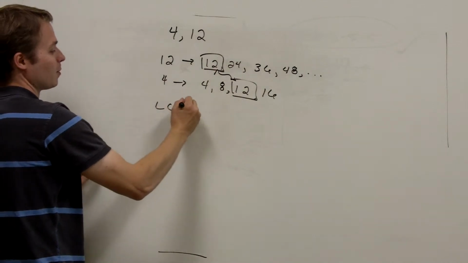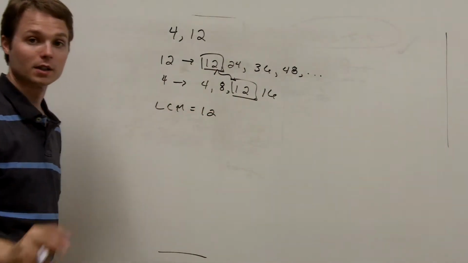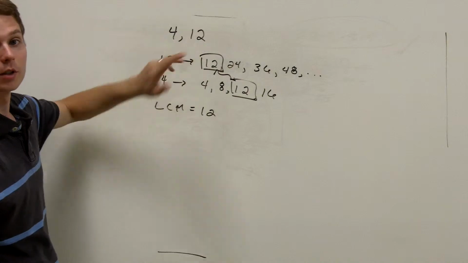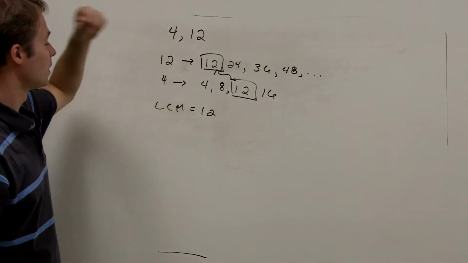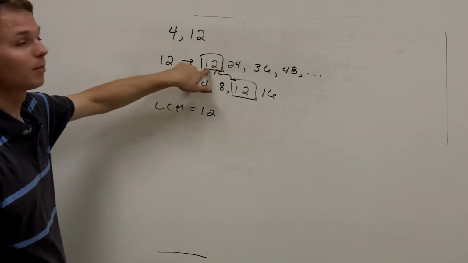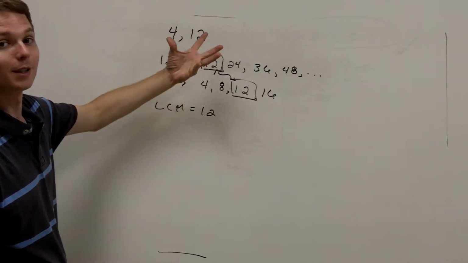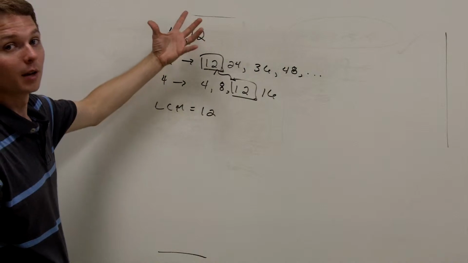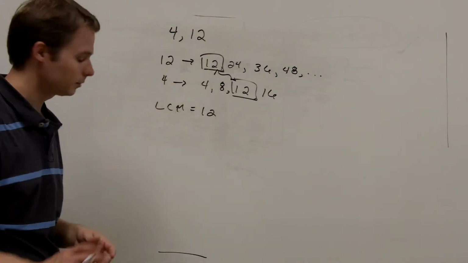That means the least common multiple of these is 12, but that's one of my original numbers. That's totally okay, because the number itself is a multiple, since if you multiply by 1, you get back the number.